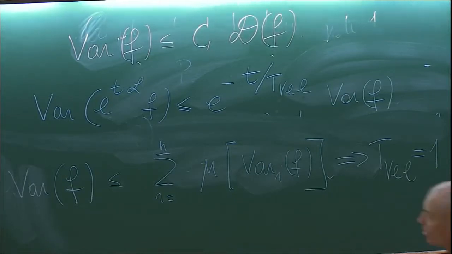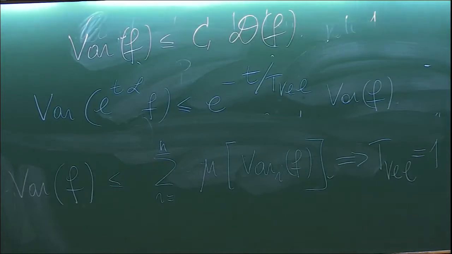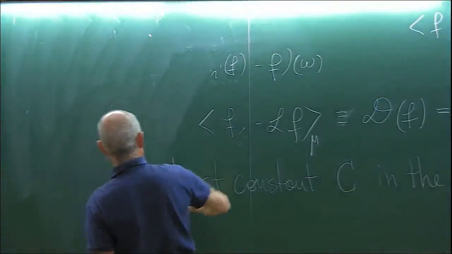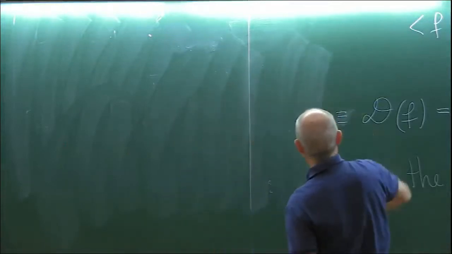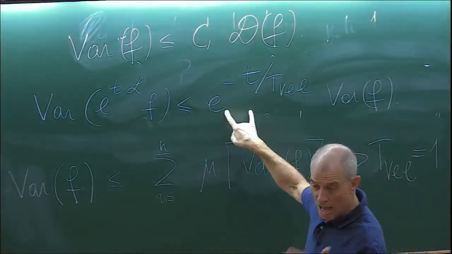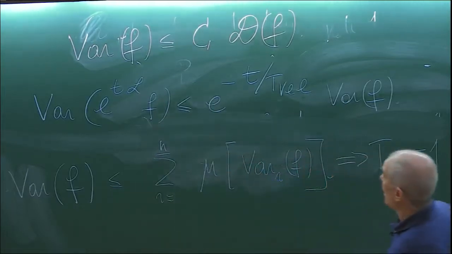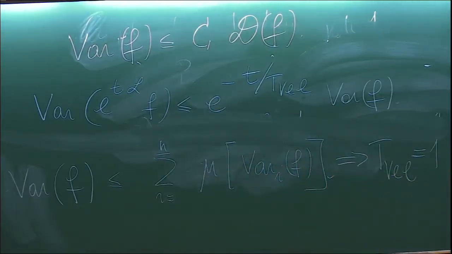There is another quantity, before going to a more interesting chain. The relaxation time is good in the sense that it gives you control on how fast you go to equilibrium in the L2 sense, but maybe you want to prove a result in a stronger norm.